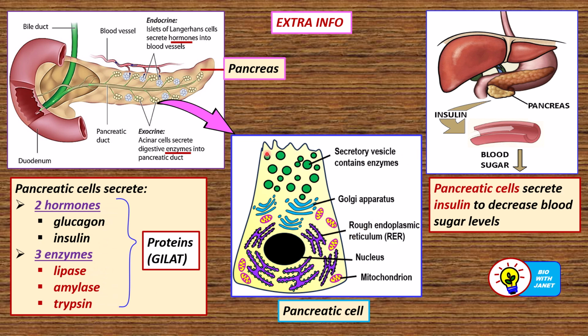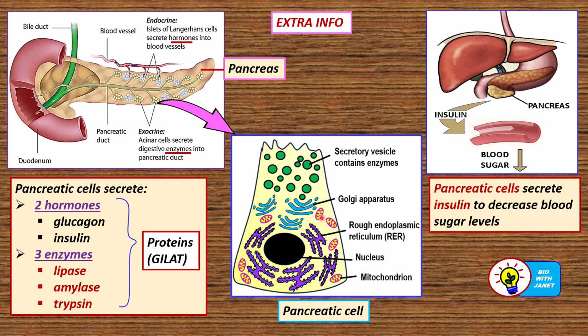Now, next here we see the picture again of one pancreatic cell, which looks like a triangular shaped structure. And here the purple structure is the rough endoplasmic reticulum with the ribosomes attached to it. Then we have the Golgi apparatus. So pancreatic cells have a lot of rough endoplasmic reticulum and Golgi apparatus.